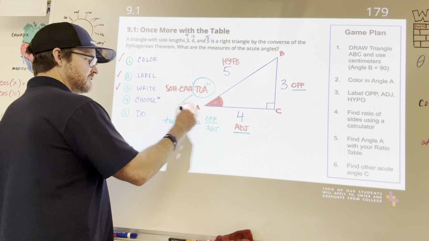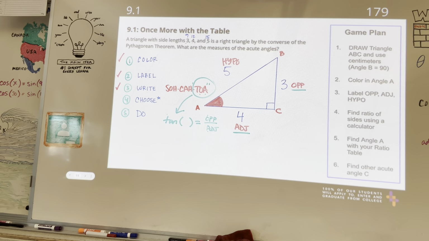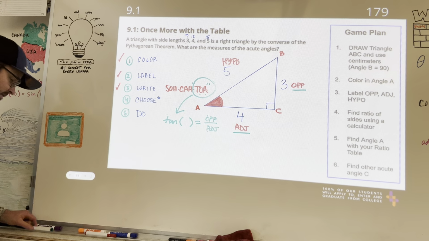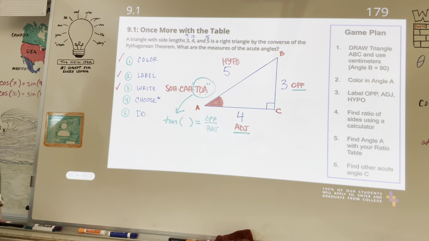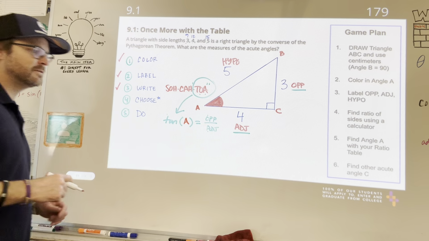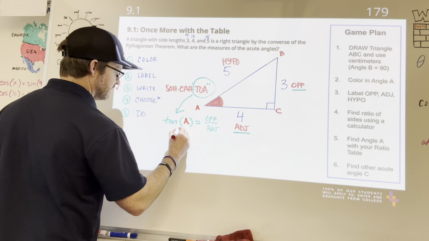That's where the TOA comes in. So if you can just remember TOA, you can remember all this. Now, the angle is A. Okay? So then what you're gonna do, and this is the tricky part right here.